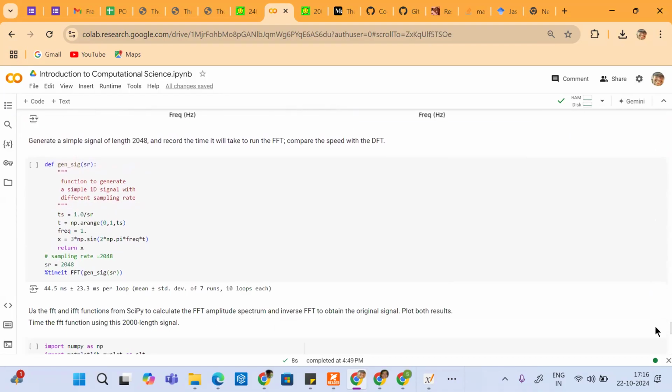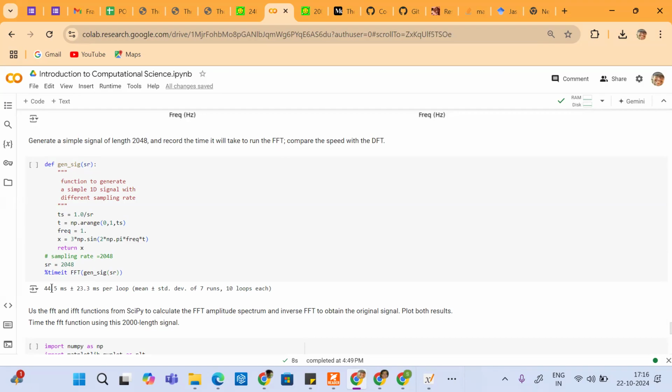But I just want to show you that indeed FFT is very fast. Do you remember that when you did the discrete Fourier transform with 2000 points, it took around 624 milliseconds? Now I'm taking 2048 points and timing it. I have written the FFT for this, and you can see it took 44.5 milliseconds.